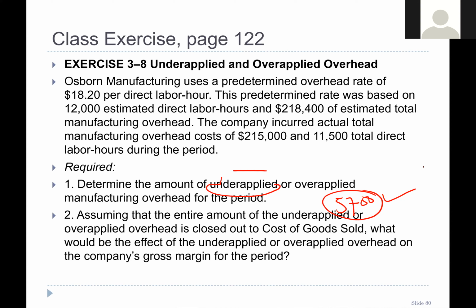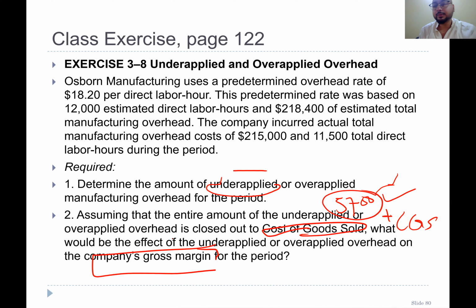Yeah, we did correct, right? So when we correct this balance, we add 5,700 to cost of goods sold. What will happen to the profit? It will increase or decrease? Maybe decrease. When an extra $5,700 is added to the cost, gross margin would decrease, right?